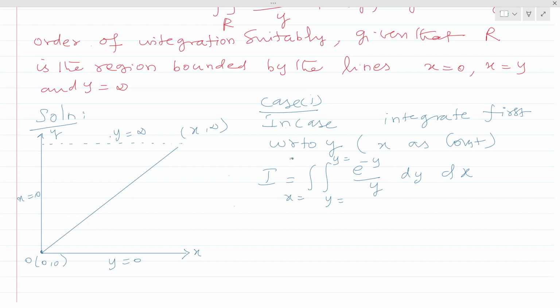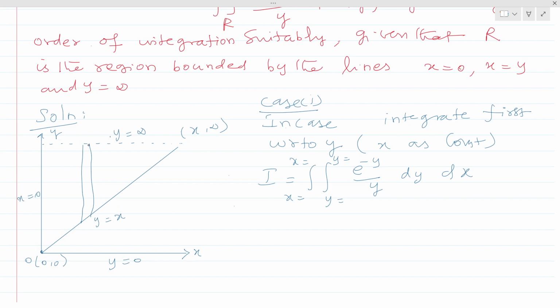If you integrate with respect to y, first you have to draw a parallel line to the y axis. So y equal to x to y equal to infinity, is it not?